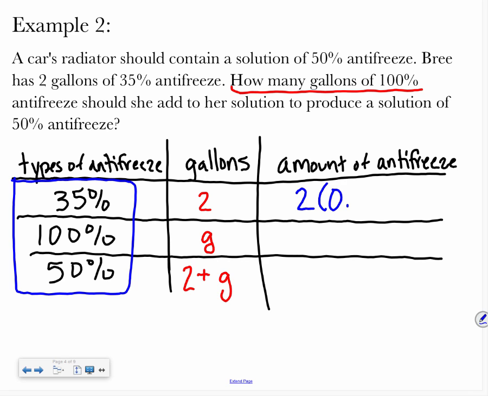So 35% is 0.35, and then our 100% is our gallons times 1.0, right? 100% is 1.00. And then our last one, we have 2 plus G, and then that's being multiplied by 50% or 0.5.